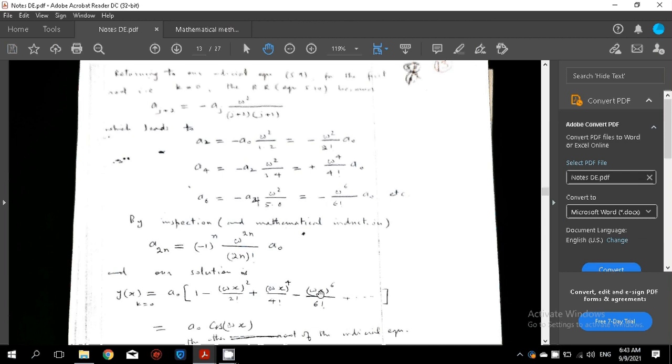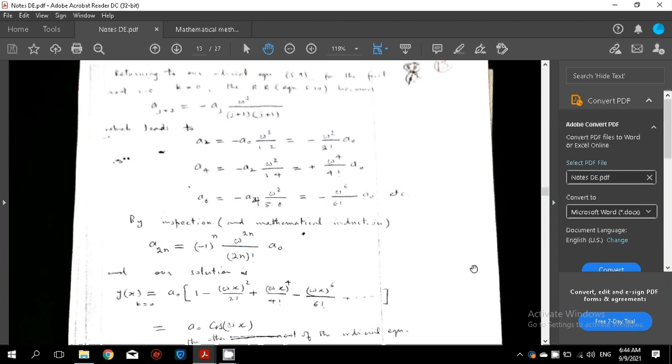Okay, so this is the first solution of the concerned differential equation, and you must recognize that this term in bracket is in fact the infinite series of the function cos omega x. So we see that our first solution comes out to be a naught cos omega x.